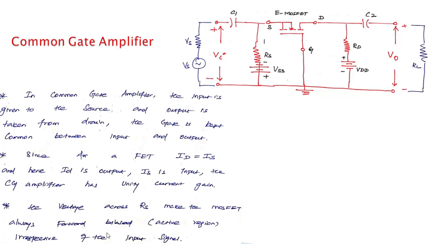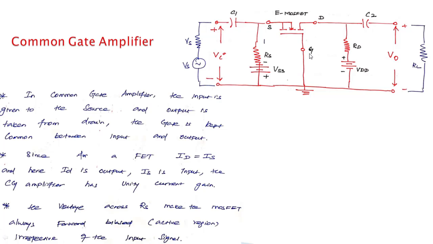Next we are going to talk about the common gate amplifier. In a common gate amplifier, input is given to the source and output is taken from the drain. The gate is common to input and output. But in an E-MOSFET, the gate should always be forward biased, positive irrespective of the input signal.